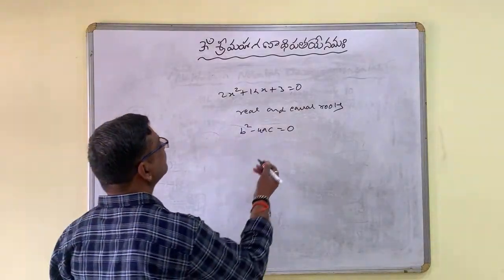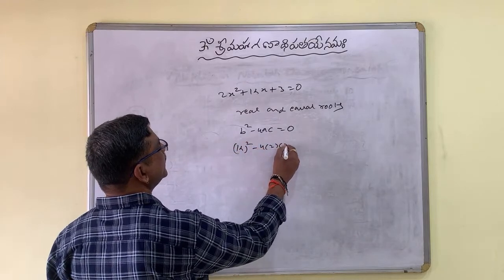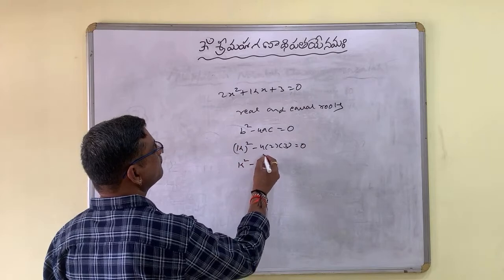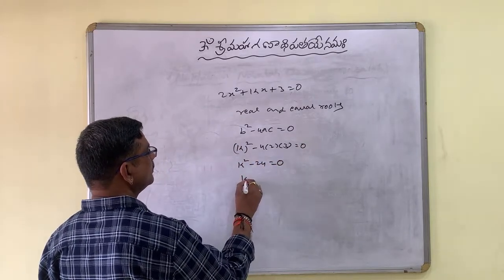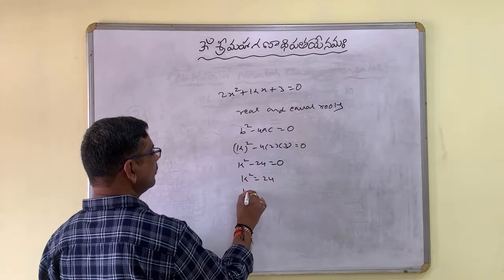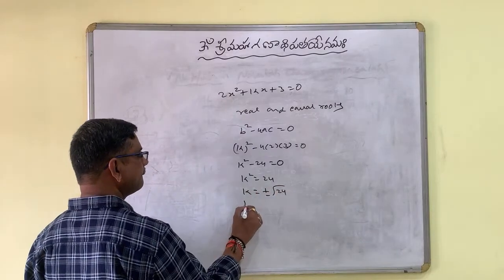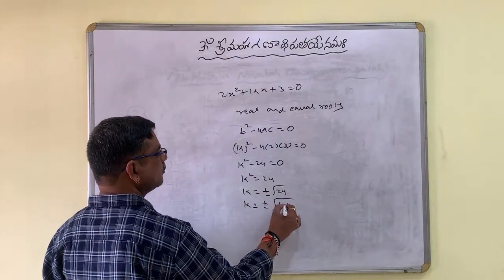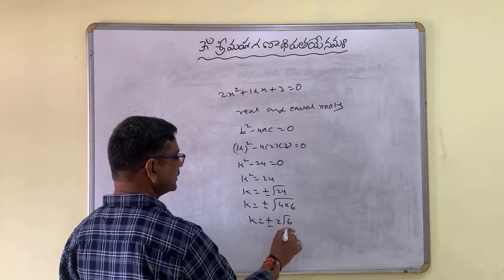Substitute values here. k whole square minus 4 into 2 into 3 is equal to 0. k square minus 24 is equal to 0. k square is equal to 24. k is equal to plus or minus root over 24. You need to keep plus or minus. 24 is 4 times 6, so 2 root 6.